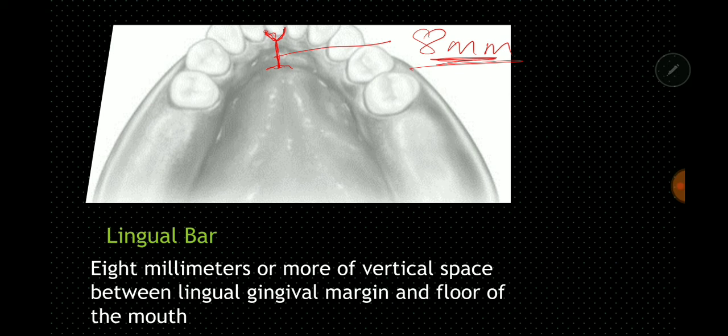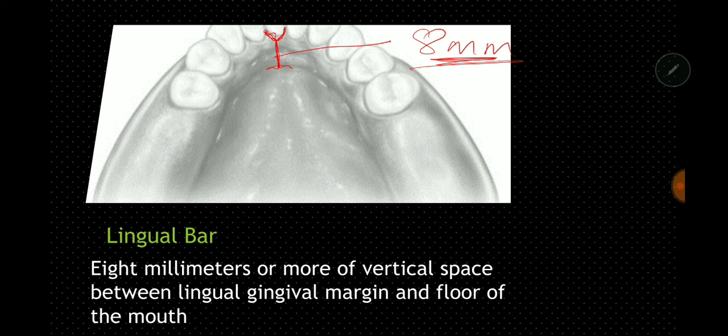It may interfere with swallowing, because when the floor of the mouth elevates in speech or swallowing, it's going to impinge on the lingual bar. So you have to make sure that you have at least 8 millimeters.